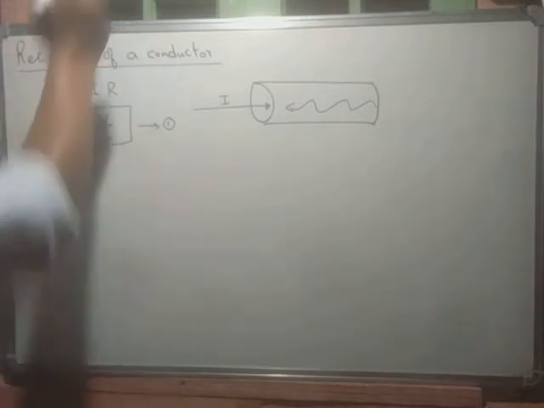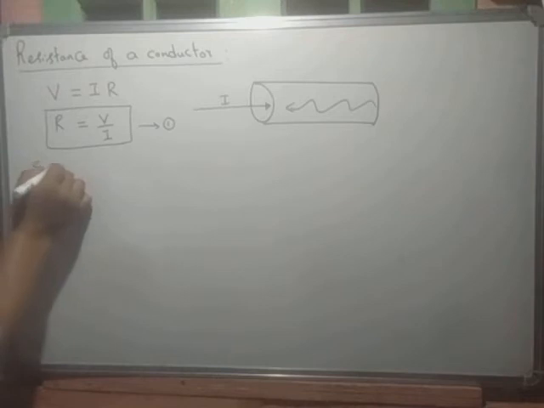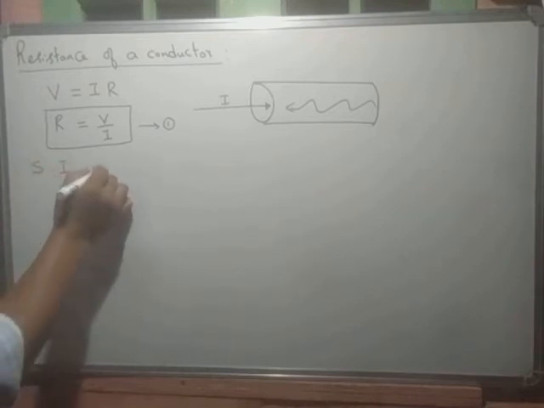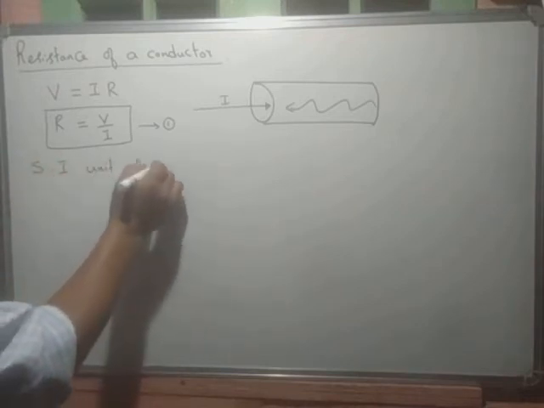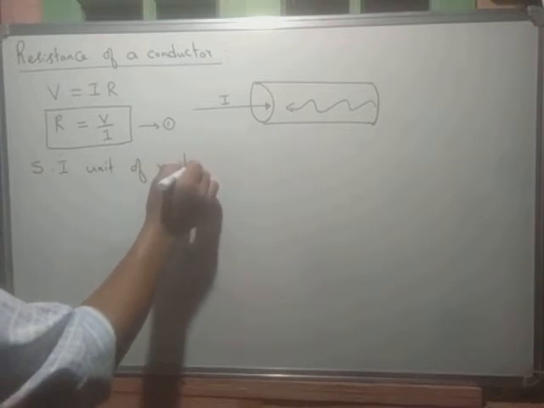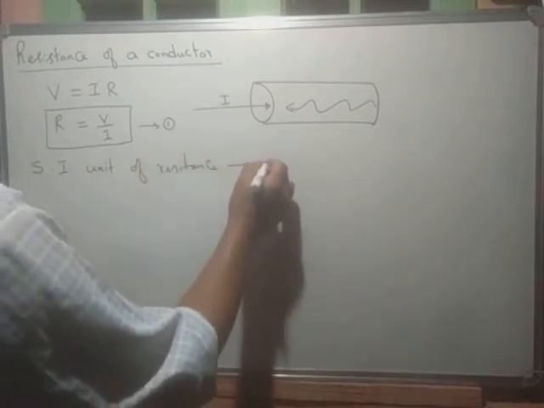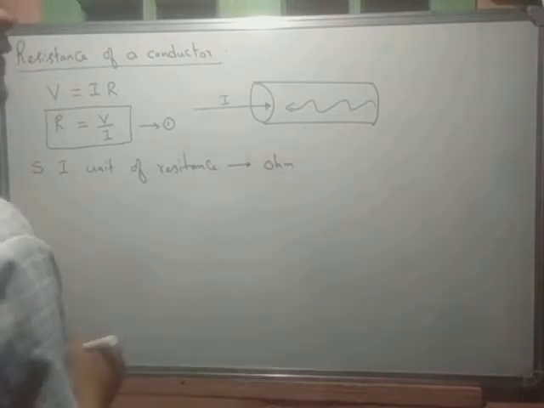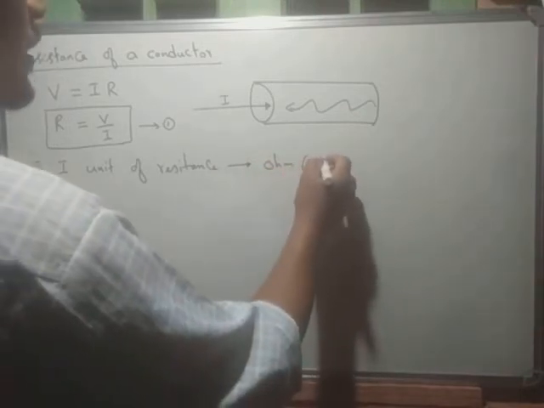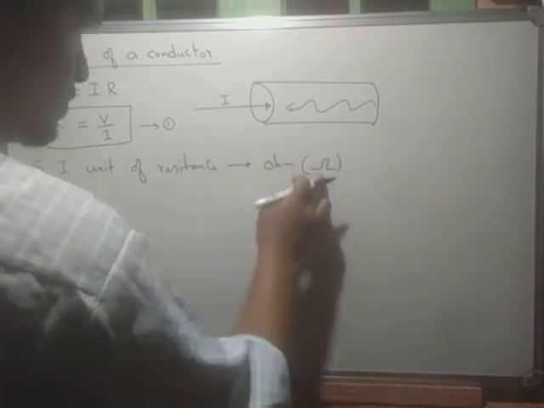We shall also see here about the SI unit of resistance. The SI unit of resistance is ohm, and symbolically we write like this.